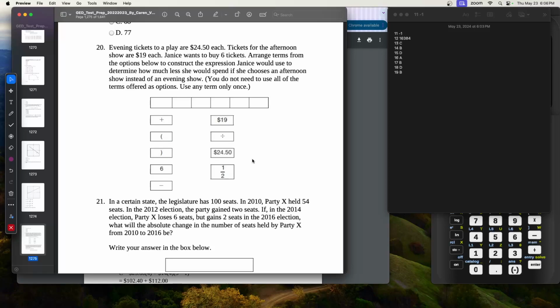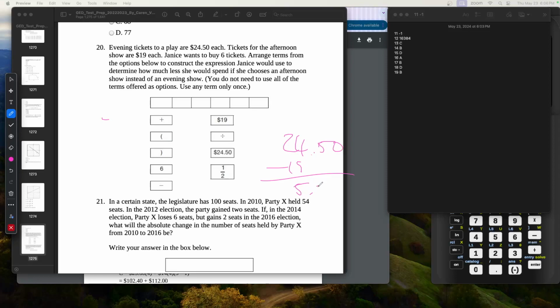What? I mean, what I would do is just 24.50 minus 19, you get 5.50, and then I would multiply that by 6, right? So you save $5.50 per ticket. If you buy 6 tickets, it's just this times 6. That's what I would do.